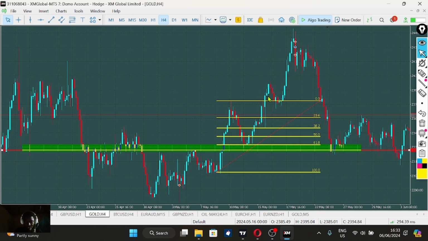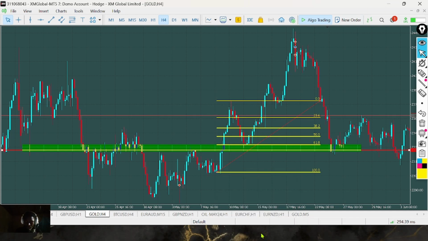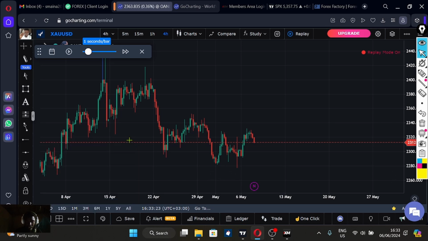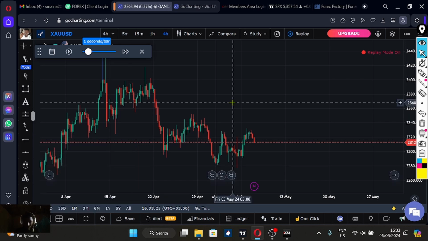The last thing that we shall be talking about is risk management and trade idea. Let's come over here. Now, you should not risk more than 3%.